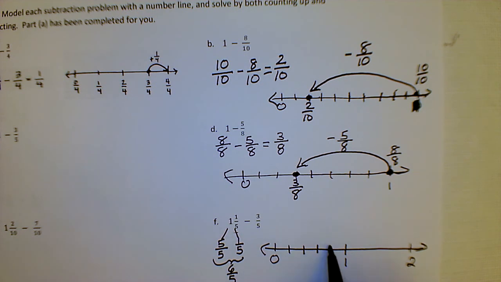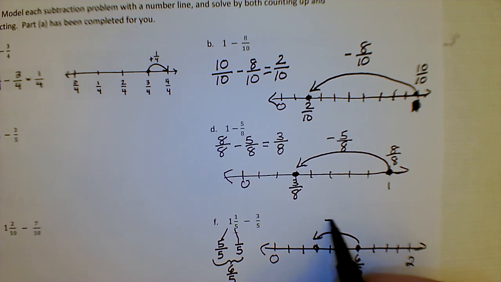So let's check. 1, 2, 3, 4, 5, and let's do the same thing over here. 1, 2, 3, 4, 5. And now I need to show that I'm starting at 6/5, which is the same thing as 1 and a fifth. So watch. 1 and a fifth, which is the same thing as 1, 2, 3, 4, 5, 6/5. And now we're subtracting 3/5 from that. So let's go back. We're going that way. 1, 2, 3.